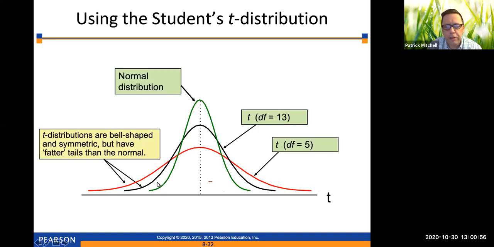So here's a picture of the normal distribution in green. And in black, you see a t-distribution with 13 degrees of freedom. And then in red, you see a t-distribution with 5 degrees of freedom. Okay, so you can see as the degrees of freedom get smaller, the t-distribution gets wider and flatter.